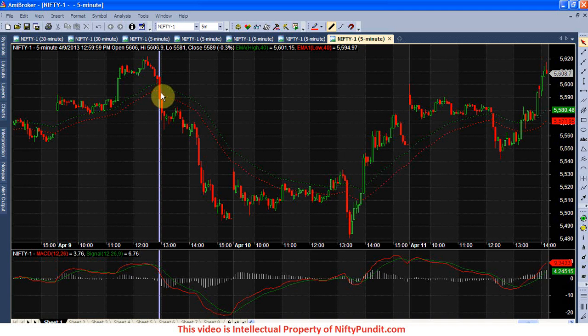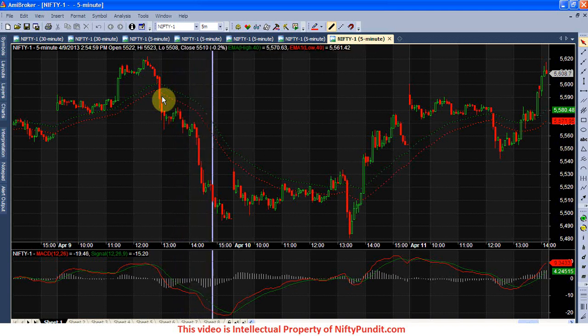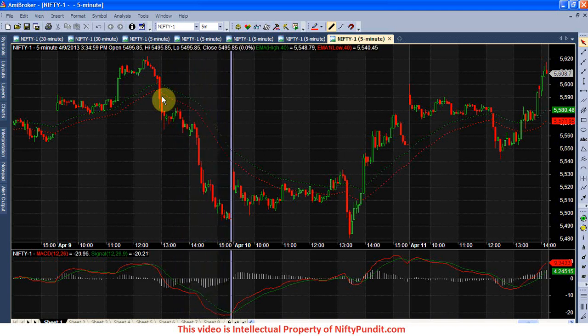So the price is going to be 5594, the 40 low EMA. So we're going to sell at 5595 or 5594, and you're going to hold. You're going to exit over here where the distance between the MACD lines is high, or you can hold it until you get a buy signal in the MACD.